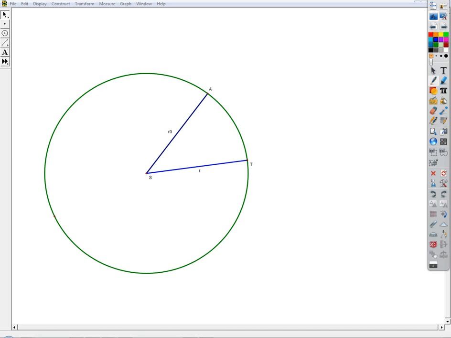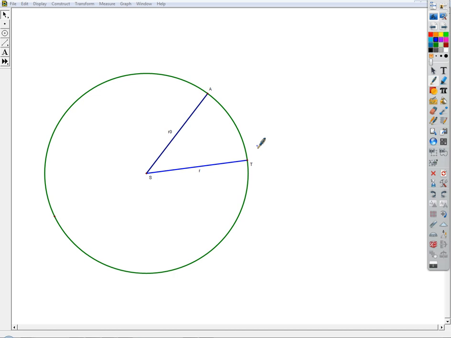Would you guys agree that at that one moment in time, this person is moving tangentially? If I freeze and look at the velocity vector right here, this person is moving in that direction. They want to continue moving in that direction, but the string pulls them towards the center and changes the direction.